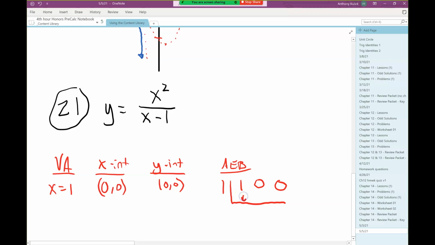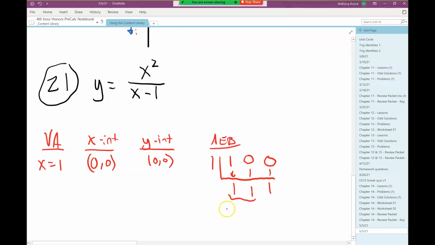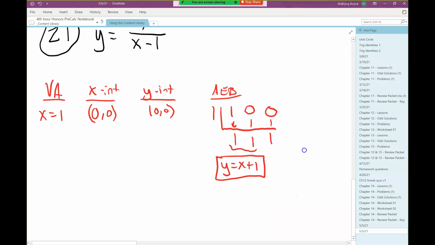Easy to forget to do that. So there's my asymptote end behavior: y equals x plus 1. That's all I need.